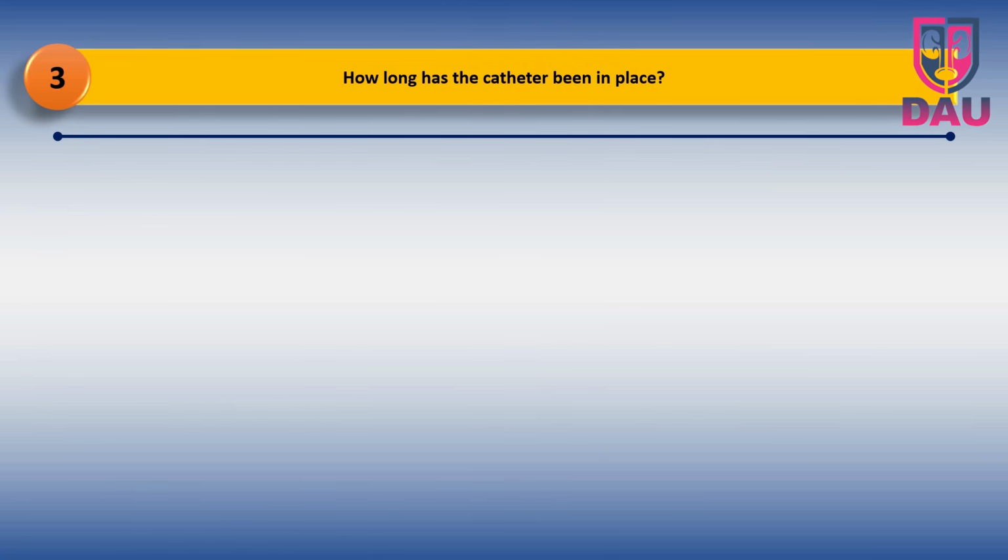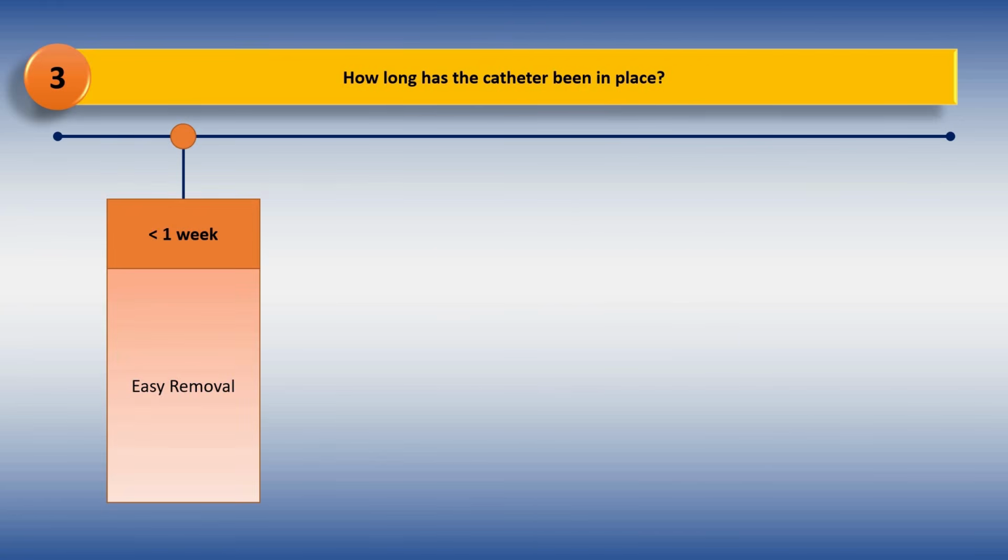The third thing that you need to know about the catheter is how long the catheter has been in place in that particular patient. What is the implication of this information? The implication is that if the catheter has been indwelling for only 1 week or less, then you can very easily deflate the balloon and remove the catheter.